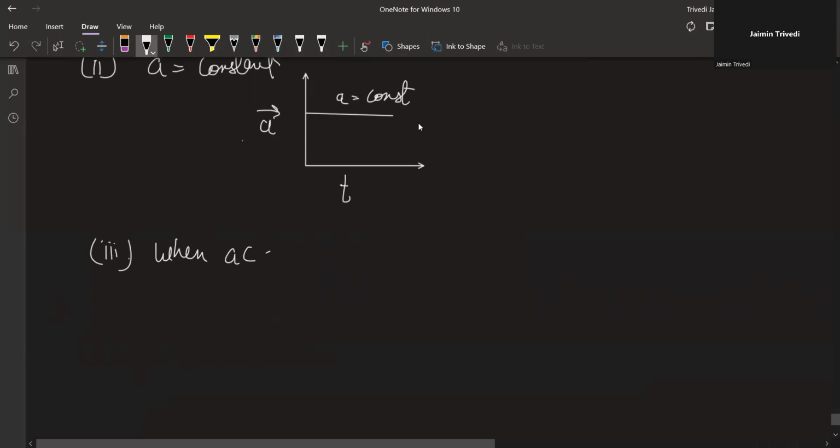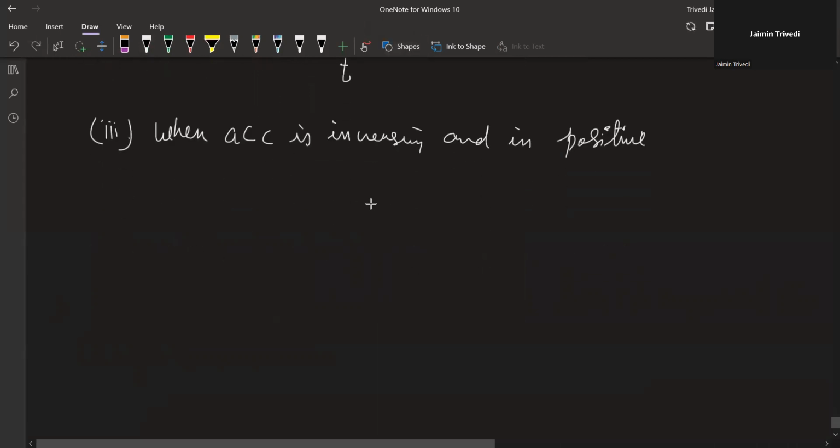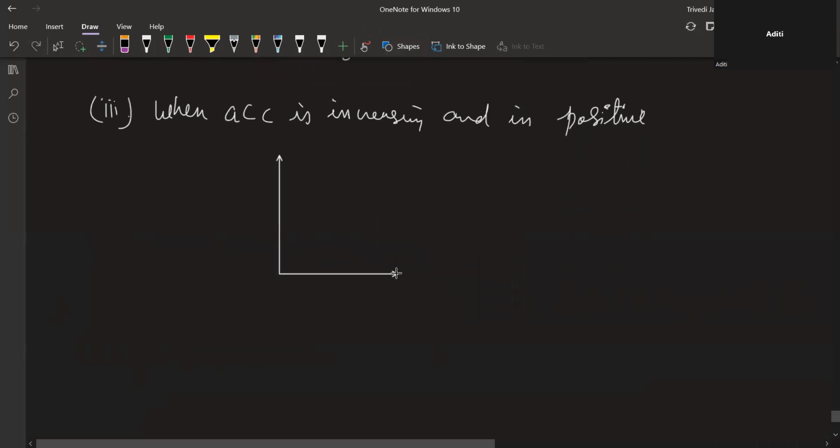When acceleration is increasing and positive, how to draw this one? The straight line is going upwards. Upward, yes. This is your increasing.